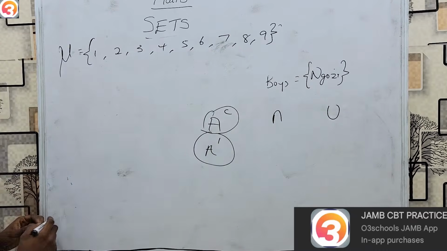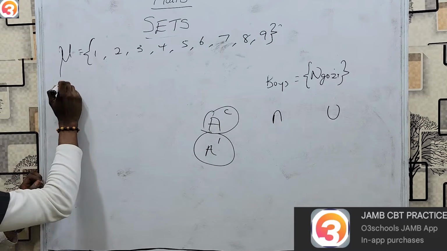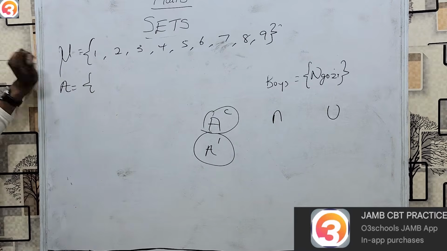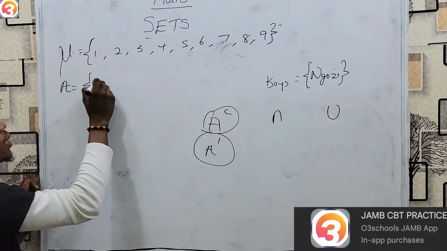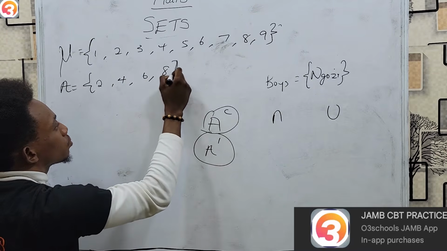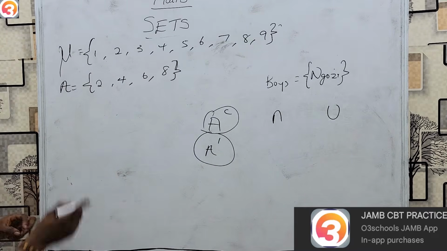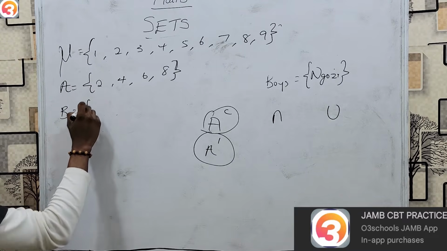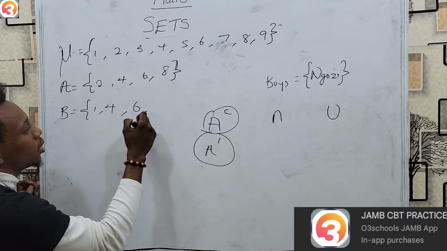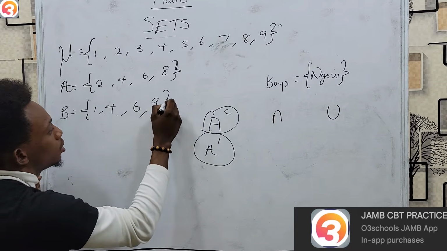We said less than 10. So if I want a set of even numbers as a subset of this universal set, even numbers are 2, 4, 6, and 8. While if I just had a random set, B, having elements 1, 4, 6, 9.